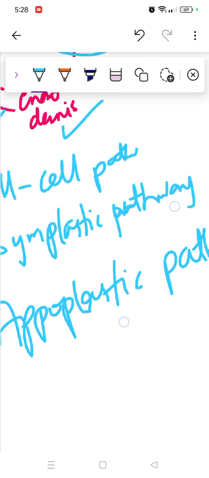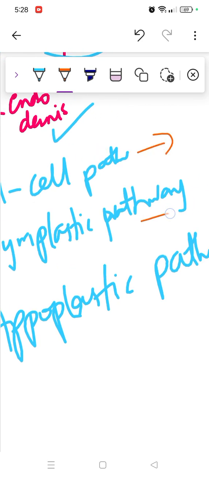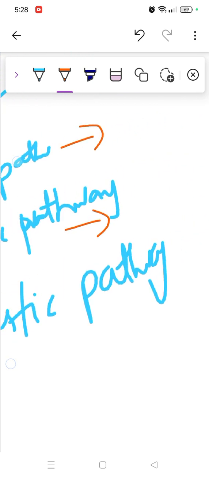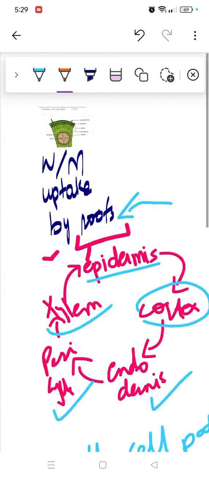In the symplastic pathway, movement happens through holes in the structure and through the cytoplasm, and those holes are called plasmodesmata. In the apoplastic pathway, only the cell wall is involved. So let's start with the inner lining.